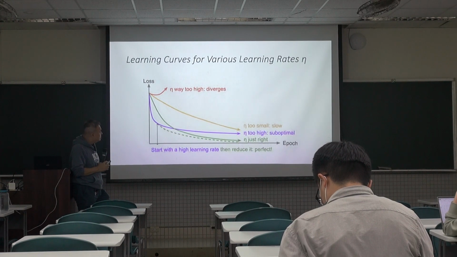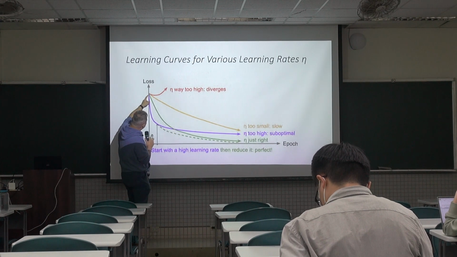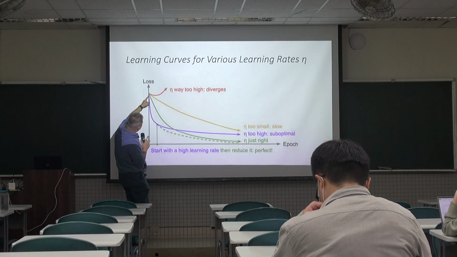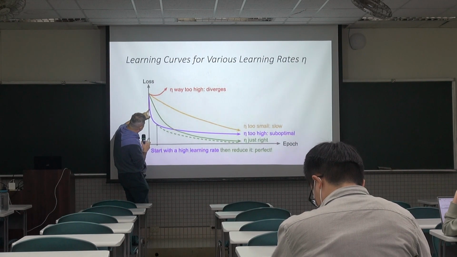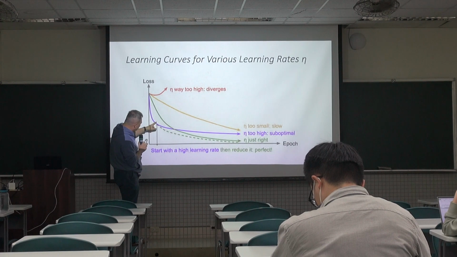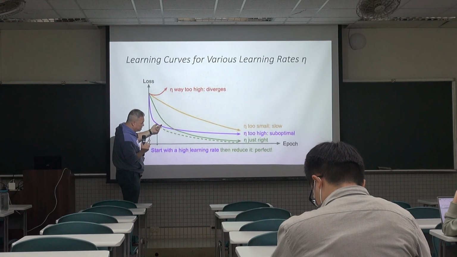Is it possible? Yes. You can see that if we use a slightly larger learning rate, so we initially take this purple line, but after a certain point we switch to a lower learning rate.